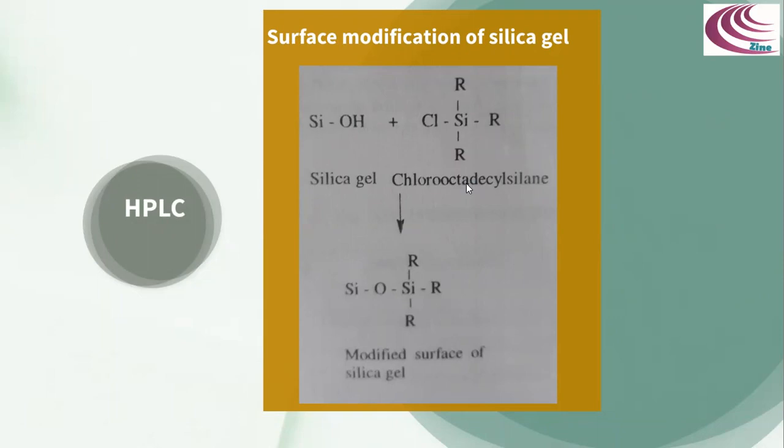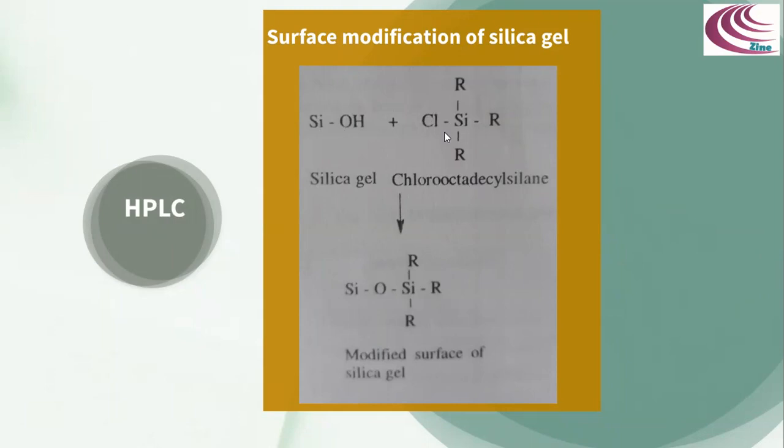The surface modification is carried out by forming a covalent bond between silica gel and a reagent like chlorooctadecylsilane.